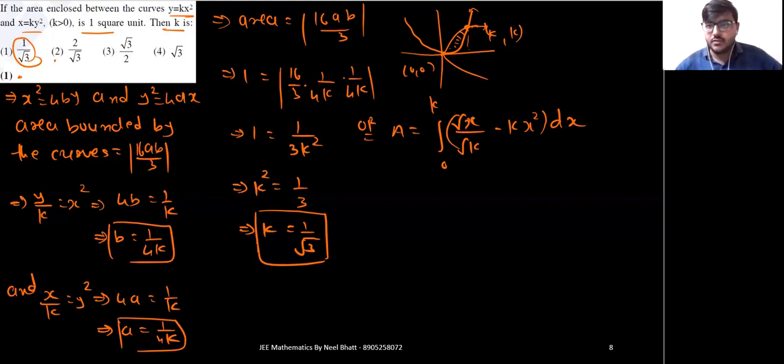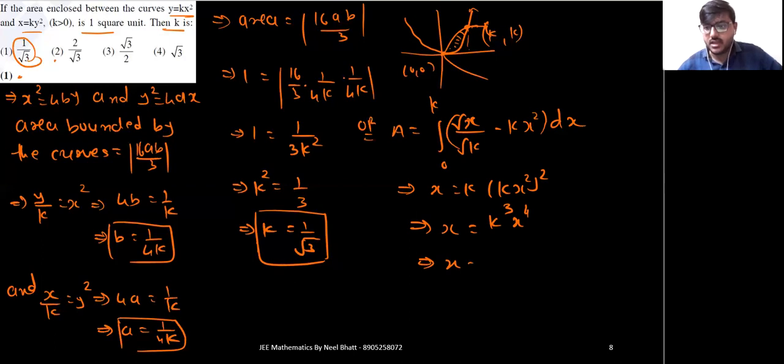We have to find the point of intersection between the two parabolas, and for that we can put the value of kx square in this equation. So x equals k into kx square whole square, so x equals k cube x raised to 4. So x minus k cube x raised to 4 equals 0.